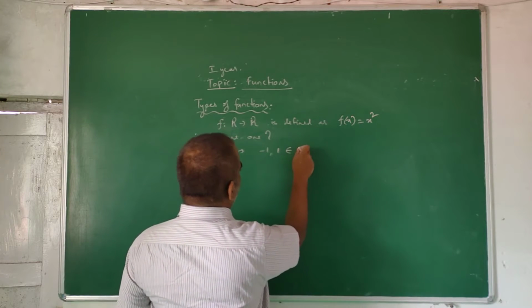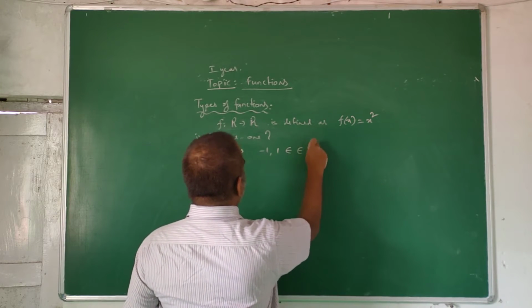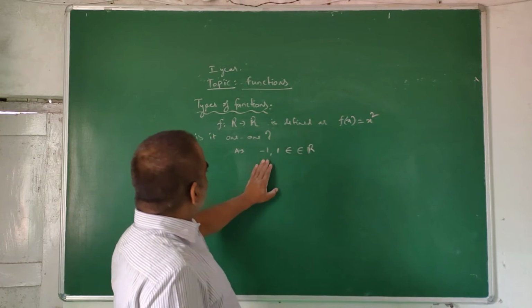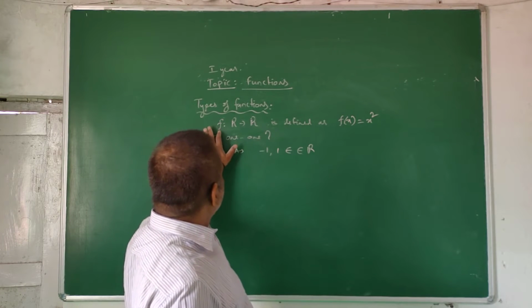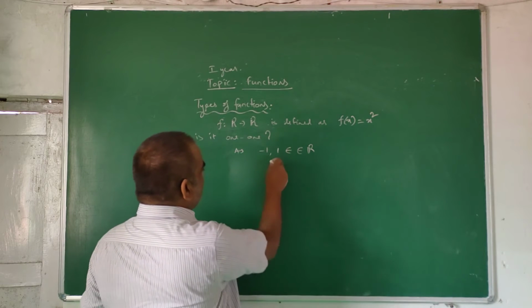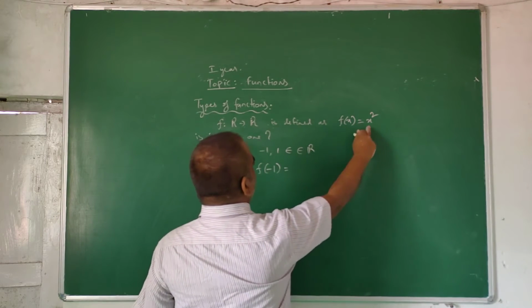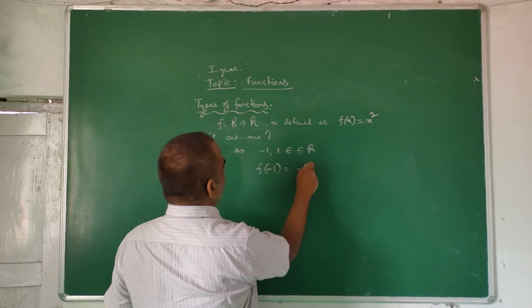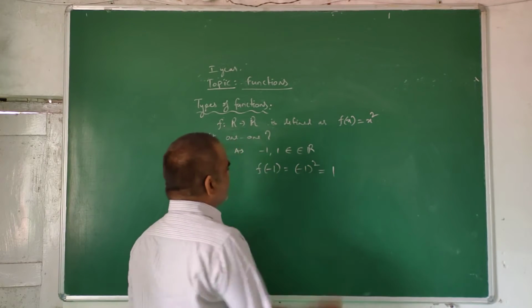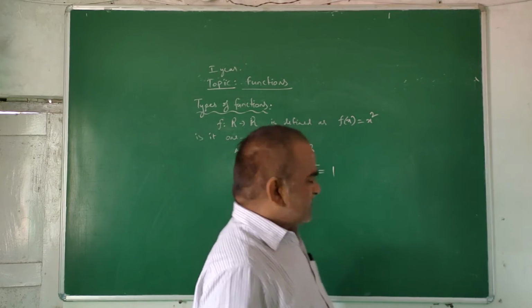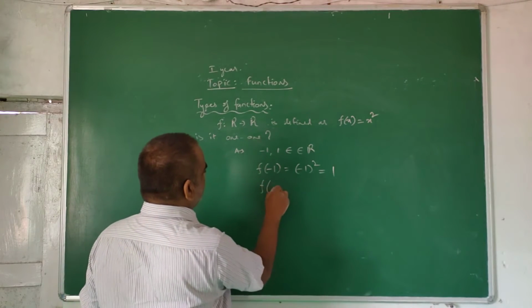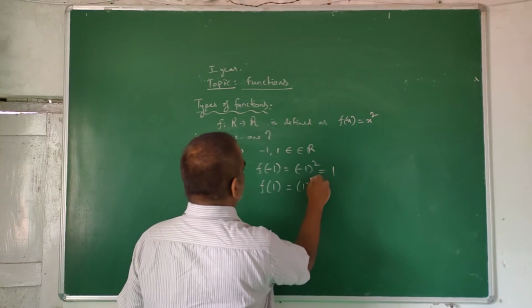Minus 1 and 1 are members of R, so obviously they are members of the domain of the function. Now f of x is x square, so f of minus 1 is minus 1 whole square, which is plus 1, and f of 1 is 1 square, which is 1.